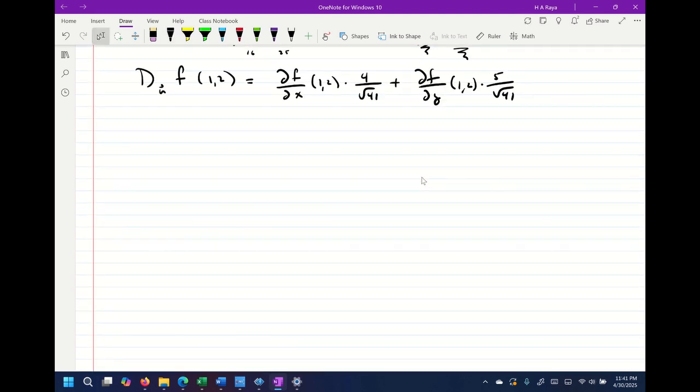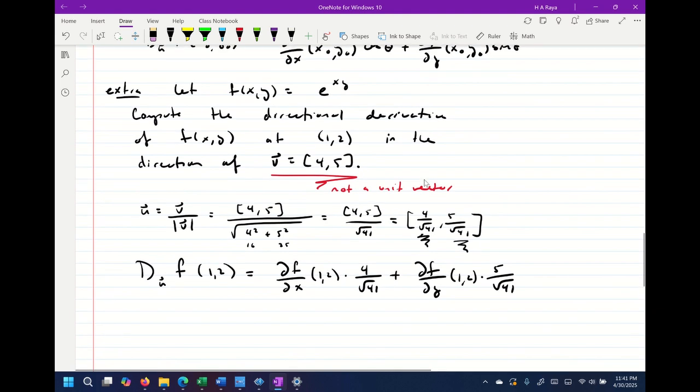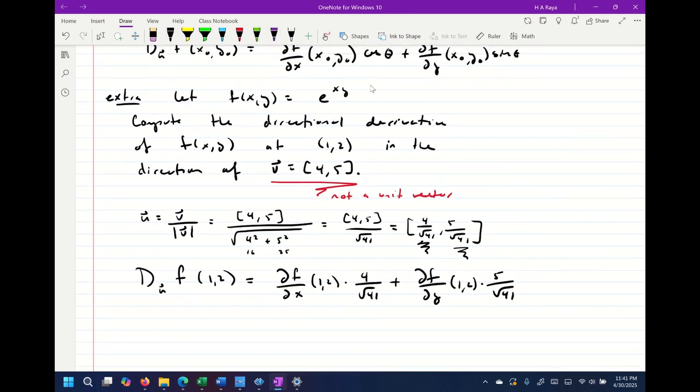To compute the partial derivatives of f with respect to x and with respect to y, we take a look at our function e to the xy. For the partial derivative of f with respect to x, we're going to consider the y value to be constant, and the partial derivative of this exponential is going to have that same exponential in it.